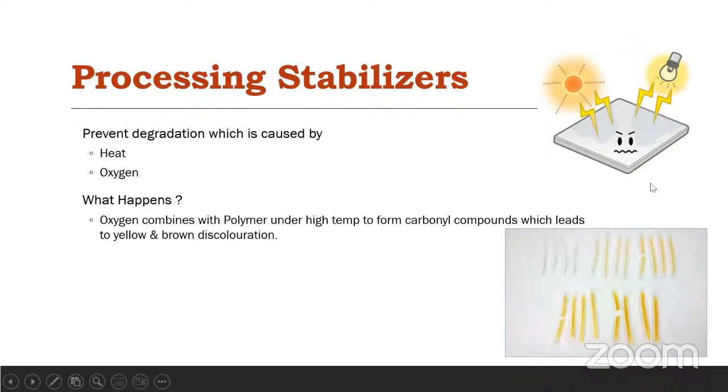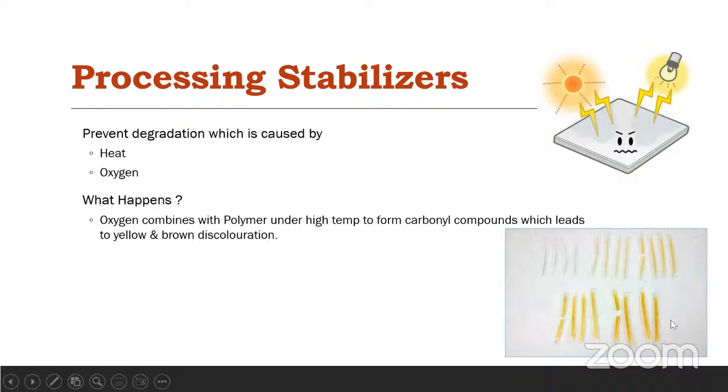If you see the image here, you might have also observed PVC pipes. Over a period of time, the PVC pipe's color fades, and it becomes somewhat yellowish, as you can see in this picture.